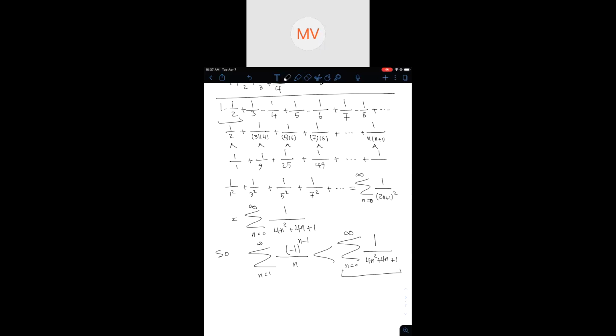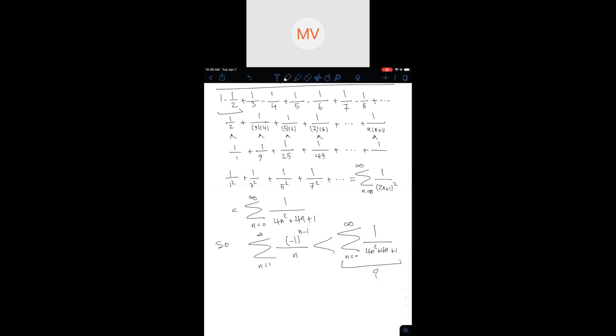What do you mean about the bigger one? Does it converge or diverge? Do you think the one on the right diverges or converges?